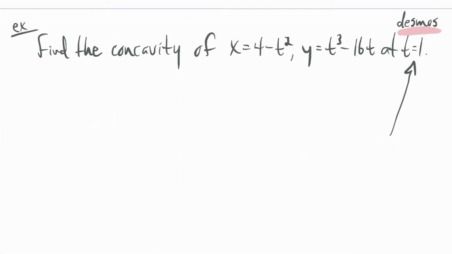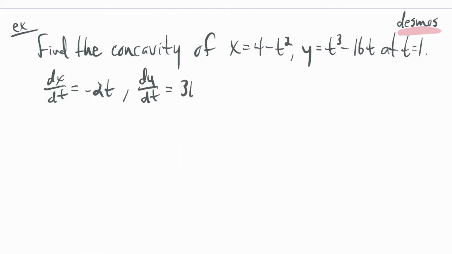Okay, so basically I need to find the second derivative as a function of t. So I'm going to need dx/dt and dy/dt. dx/dt, this will be negative 2t. dy/dt, this will equal 3t squared minus 16.